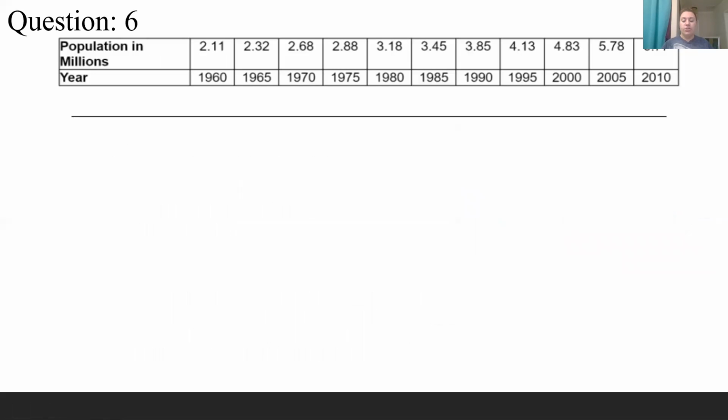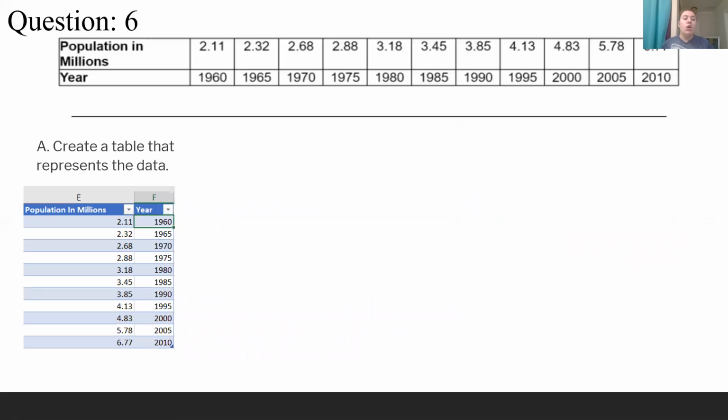Okay, question 6. Using this data here, we're going to create a table that represents the data. So we have population in millions, and then we have what the year was for each of the populations.